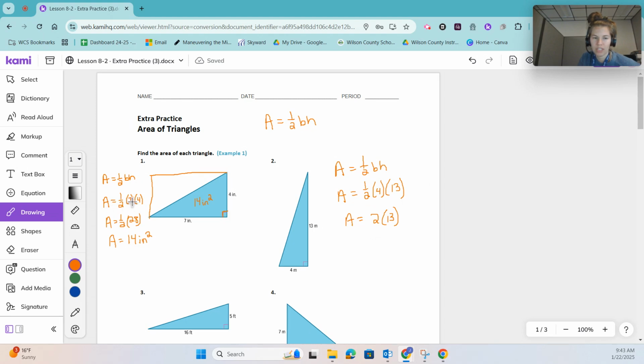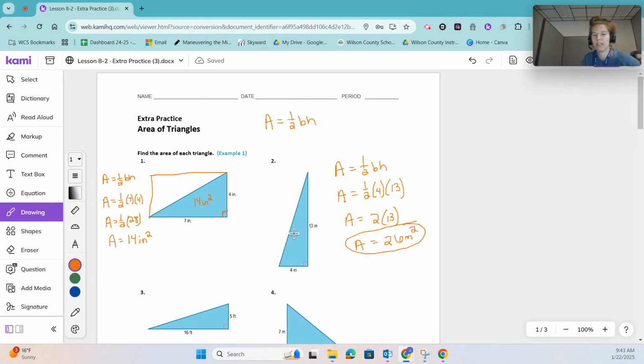This time, the first time I did the 7 times the 4 first because the order of your multiplication doesn't necessarily matter. Here it's easier to multiply 1/2 and 4 because half of 4 is 2, then it would be to multiply 4 and 13. So area equals 26 meters squared.